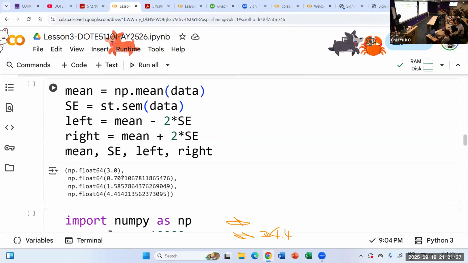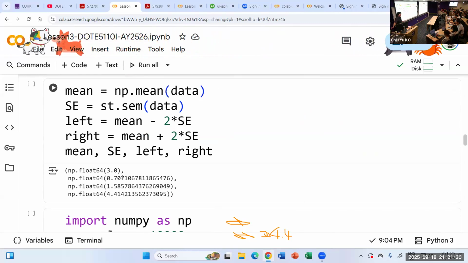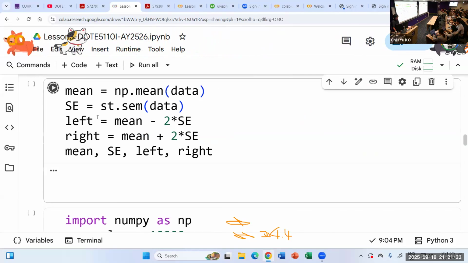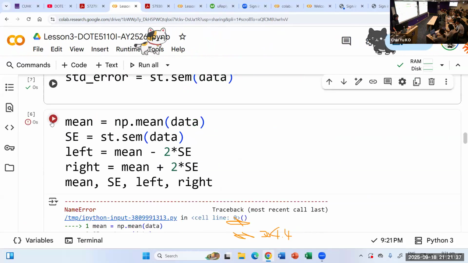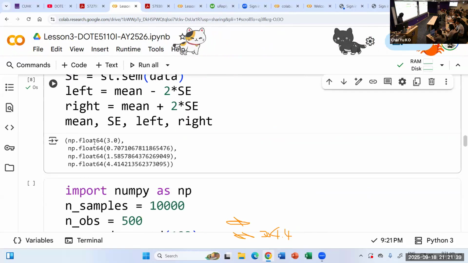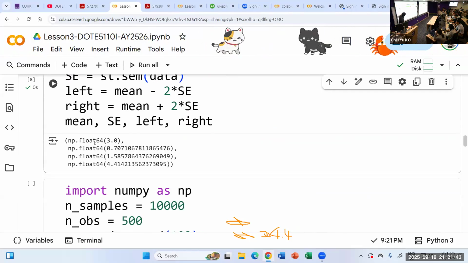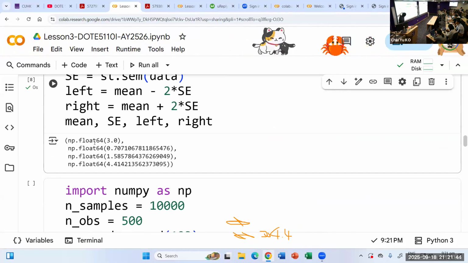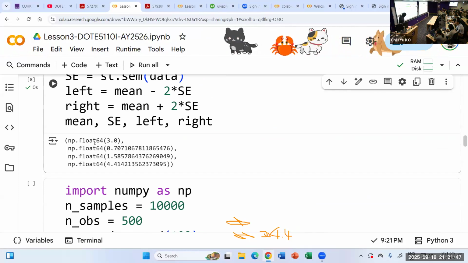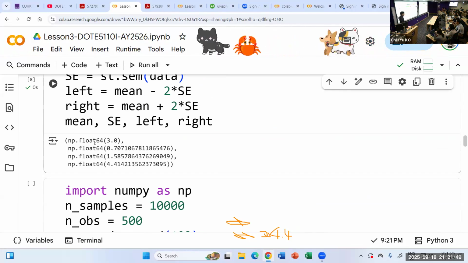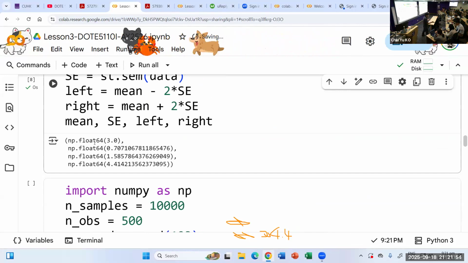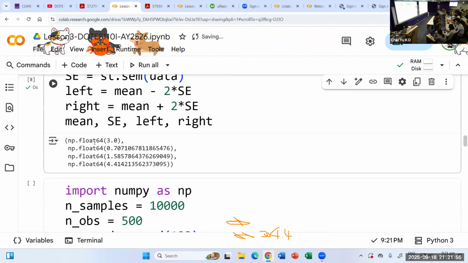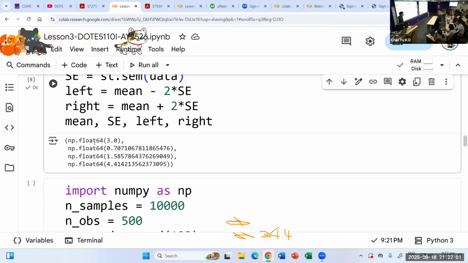Yeah, so it's 4.4 and 1.5. So the data is right here. Because the mean is 3, then the SE is 0.7, so you just add 0.7 times 2 and minus 0.7 times 2. This is the guess. So you will be guessing people are willing to pay $3,000 for the Mi phone if you are only allowed to make one guess. But if you are allowed to make 2 guesses, then you make a range of guesses, it will be between these 2 numbers.